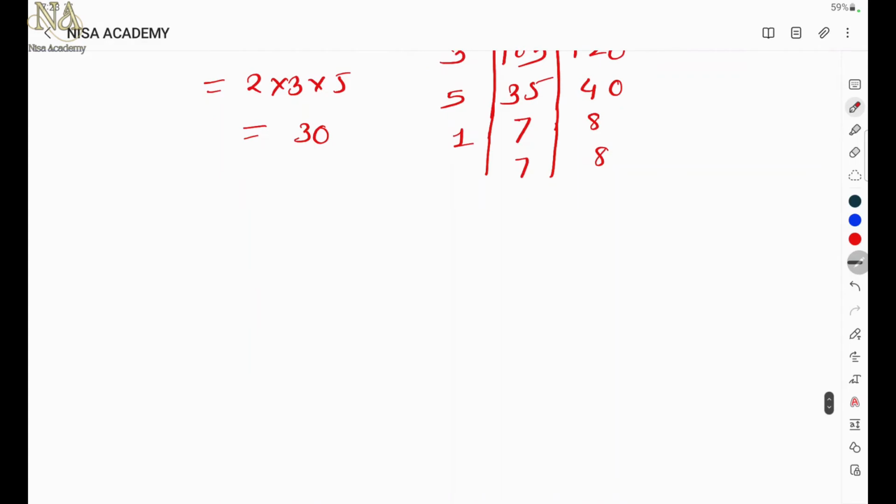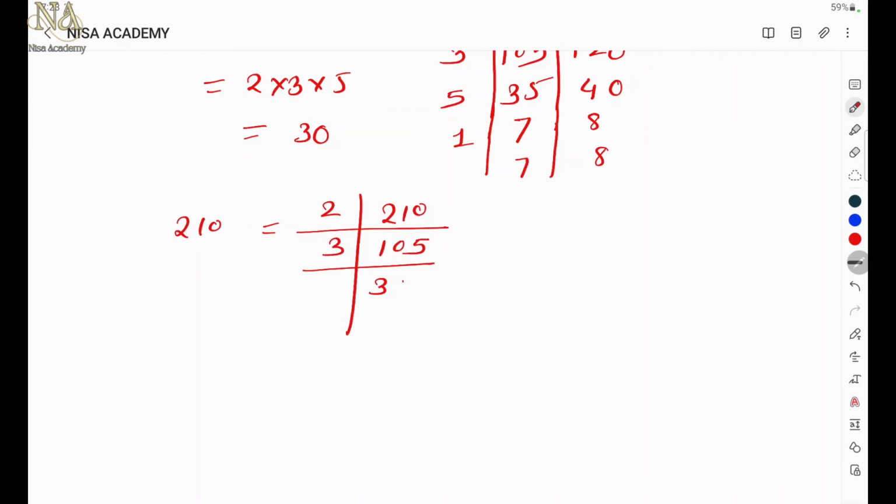Or see, if you do it by prime factorization, then also you will get the same answer. So what you will do, you will find the factors, right? 2 ones are 2, 2 fives are 10, 3 fives are 15, 5 sevens are 35, 7 ones are 7, and that is 210, right?